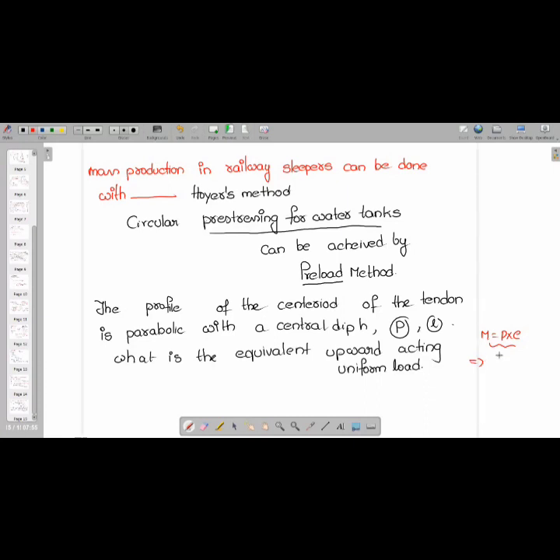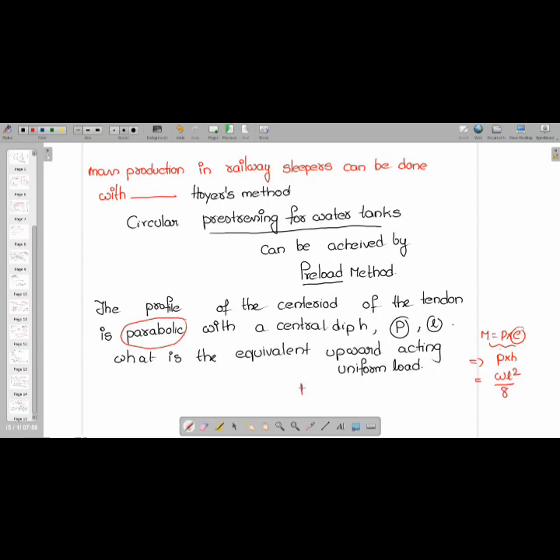See, the profile at the center of the tendon is parabolic with a central dip h. So here, instead of moment, you can write it as P into h, is equal to the load, which will be WL square by 8, because it is parabolic.